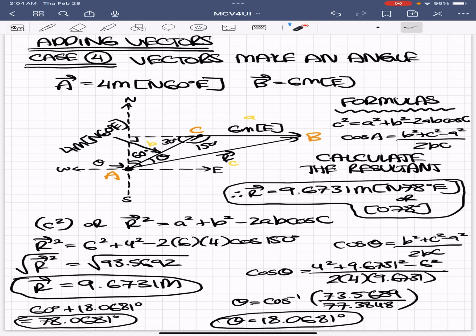So A goes directly across to that A there, B goes directly across to this B here, C goes directly across to this C here, and that's how you know which numbers to plug in where. So this angle corresponds with this side, this angle corresponds to this side, and this angle corresponds to that side.